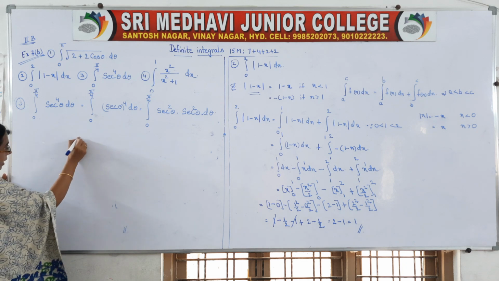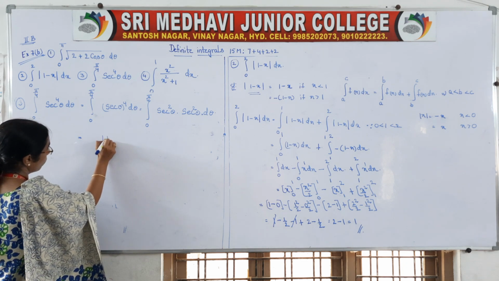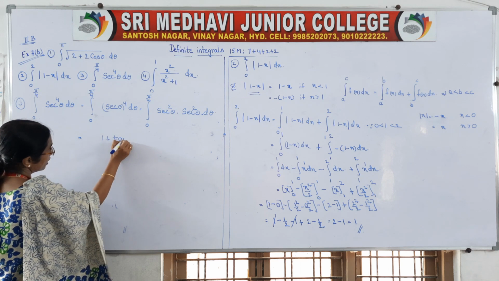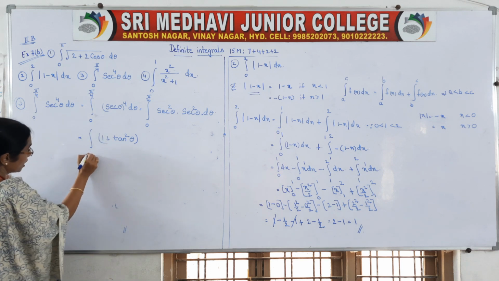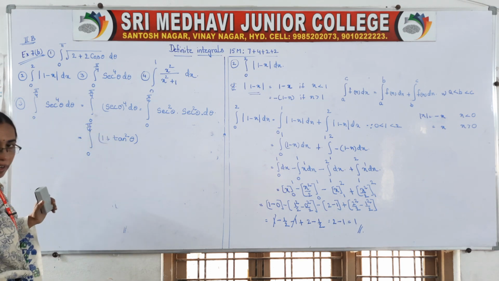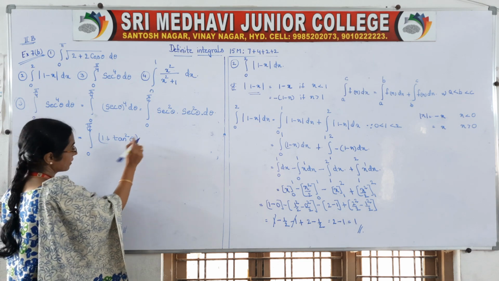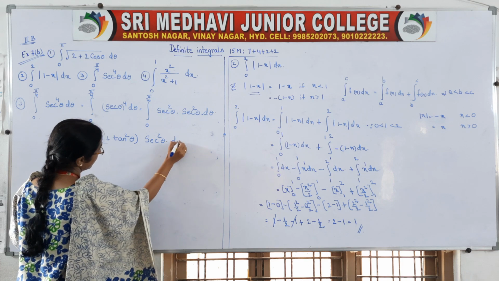So again this secant square theta can be taken as 1 plus tan square theta. Can we write? Yes, by trigonometric formulas we can write that secant square theta is equal to 1 plus tan square theta into secant square theta d theta.